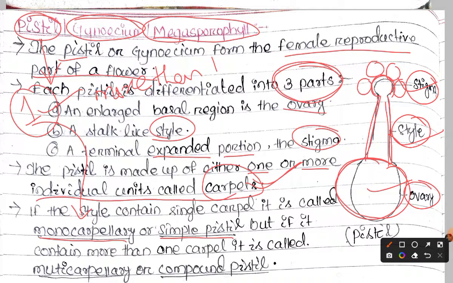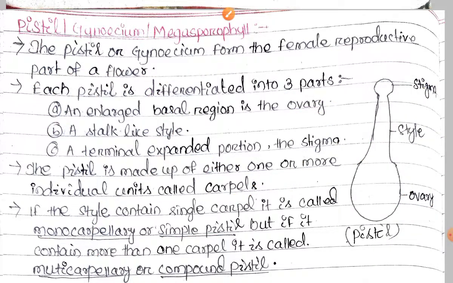When it is made up of more than one carpel, it is called multicarpellary or compound pistil. So this is all about your short note on pistil.